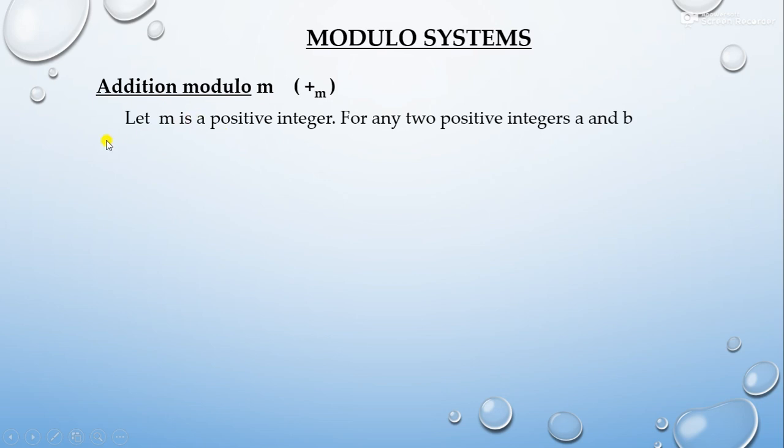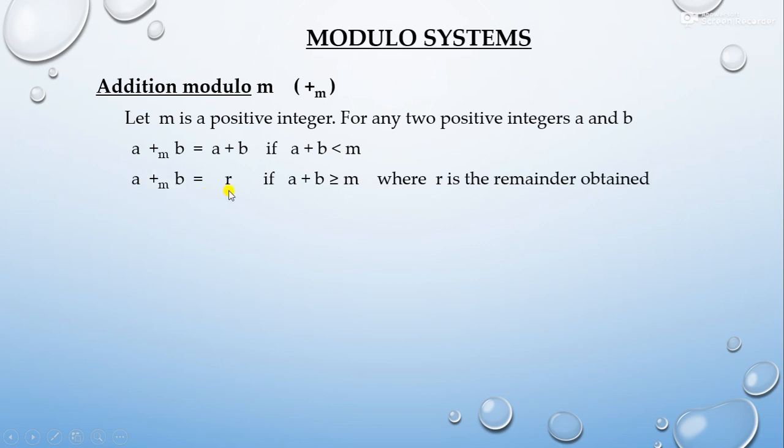Let m be a positive integer. For any two positive integers a and b, a plus b under addition modulo m is equal to a plus b if a plus b is less than m, and a plus b is equal to r when a plus b is greater than or equal to m. What is r?